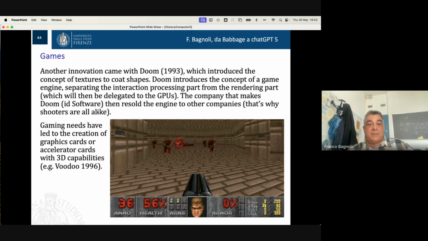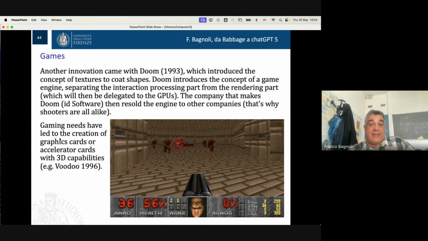Silicon Graphics was aiming at developing very sophisticated workstations for drawing 3D scenes. But clearly, people did not want to buy a Silicon Graphics workstation of, say, $20,000 for playing Doom. They may want to buy a new graphics card in order to have a better resolution, but that's all.